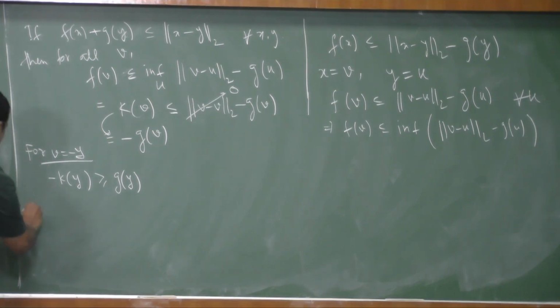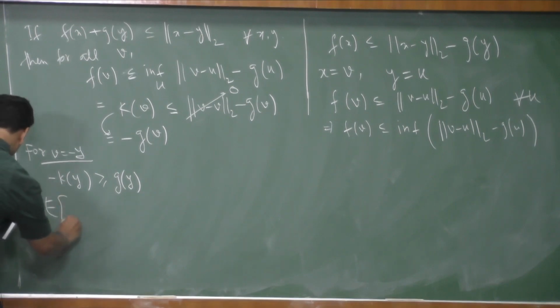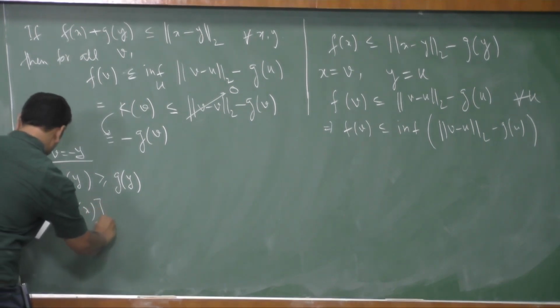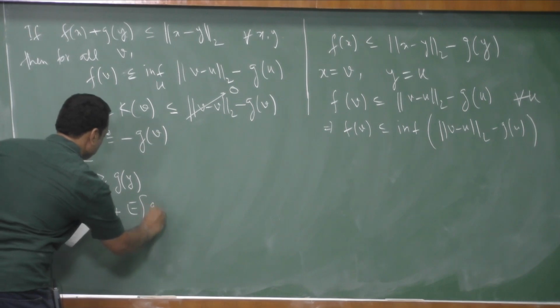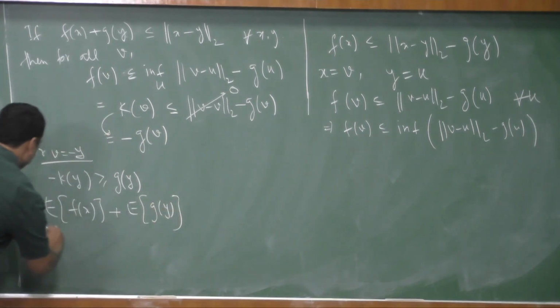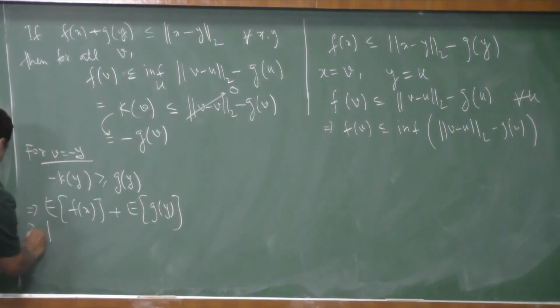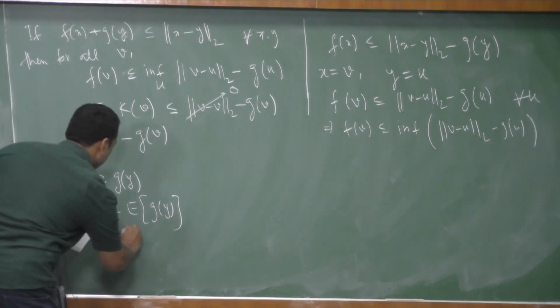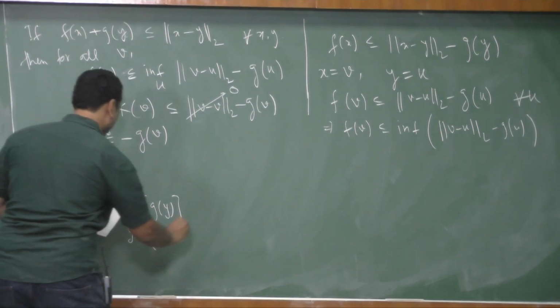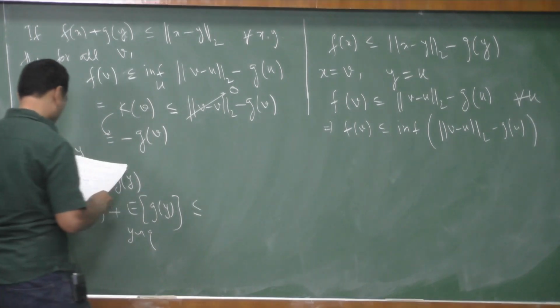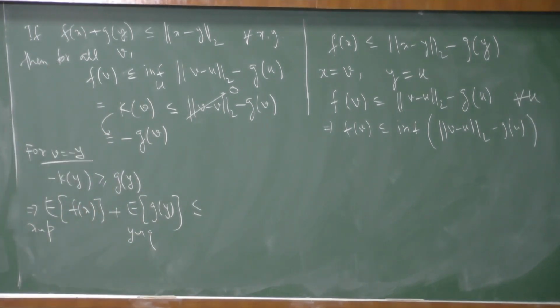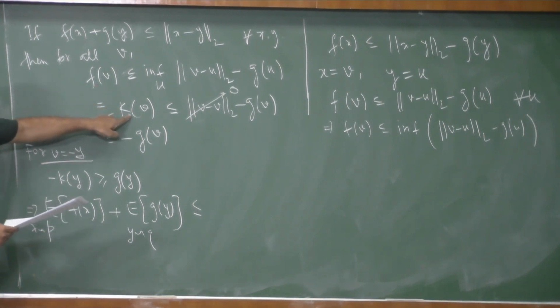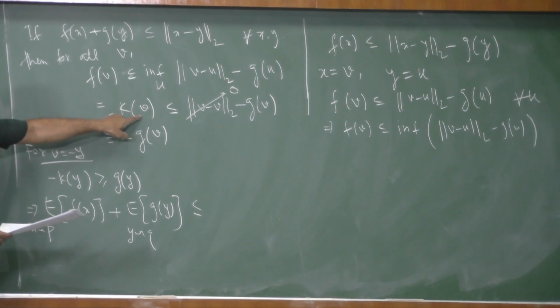So then all this implies that the expectation of fx plus the expectation of gy, where x follows p and y follows q, is less than or equal to, now fx, from here we have seen that fx is less than or equal to kx. In place of v I can put x again.